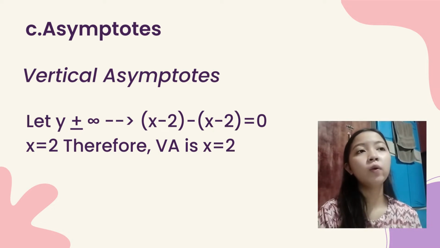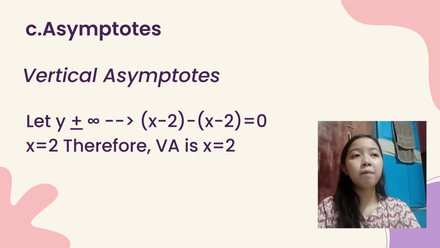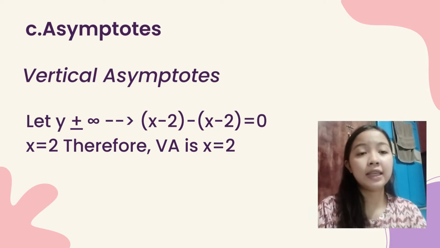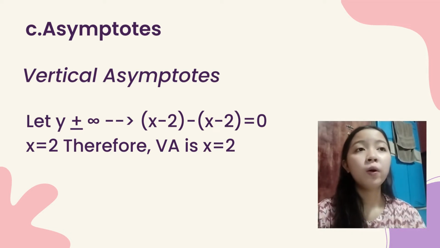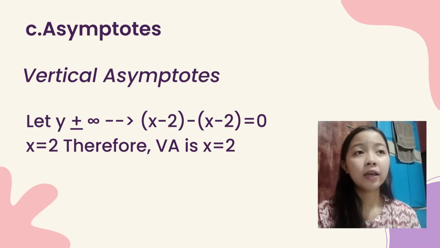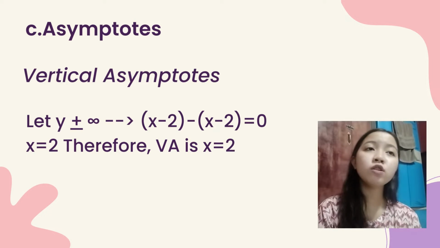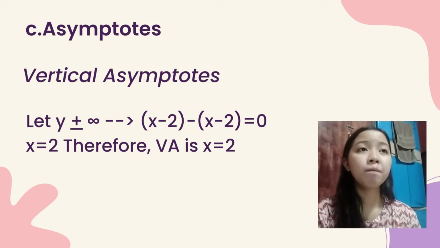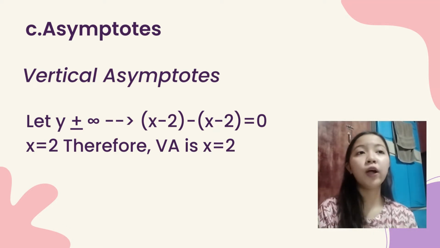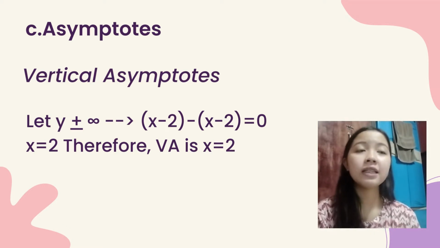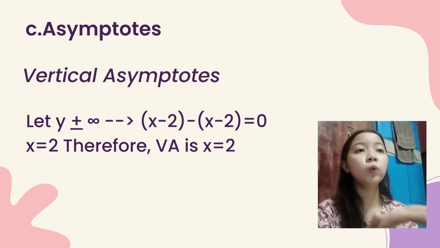We let y be positive and negative infinity. We multiply out the factored form of y, so it will become x minus 2 squared equals 0. So x equals 2, therefore the vertical asymptote is x equals 2.